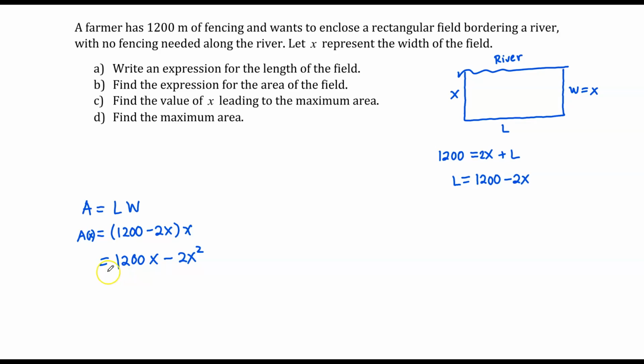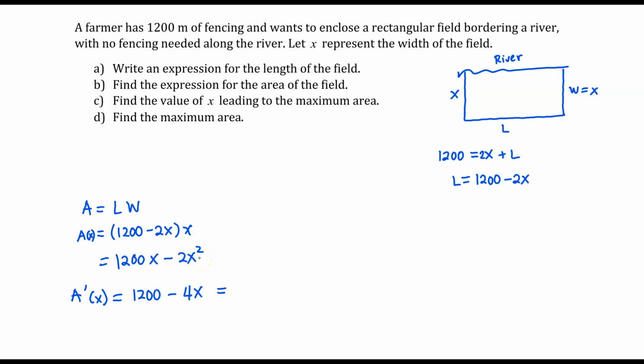Now to find the value of X leading to the maximum area, we would need to find the critical number of the function here. So that is to first find the derivative of A and equate the derivative to 0. So A prime of X is equal to the derivative of 1,200X, which is 1,200, minus the derivative of 2X squared, which is 4X.